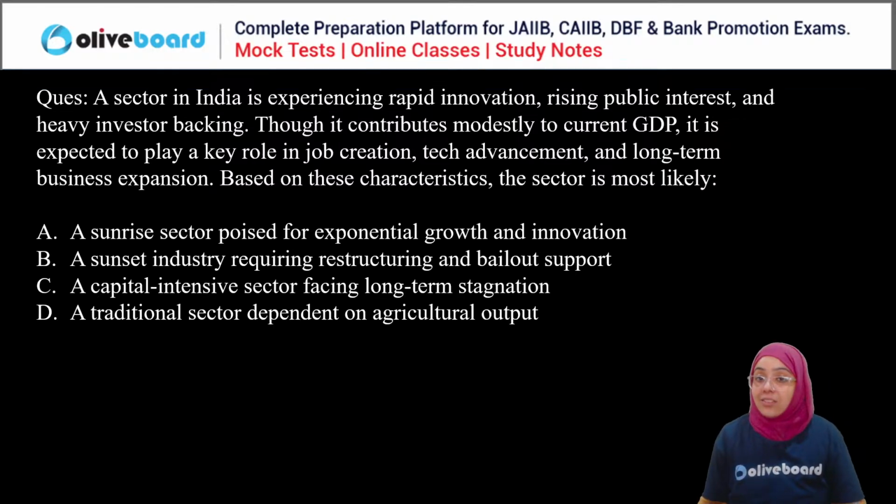Based on these characteristics, the sector is most likely to be called: sunrise sector, sunset industry, capital intensive sector, or traditional sector dependent on agriculture output. Very simple. Please answer this question.